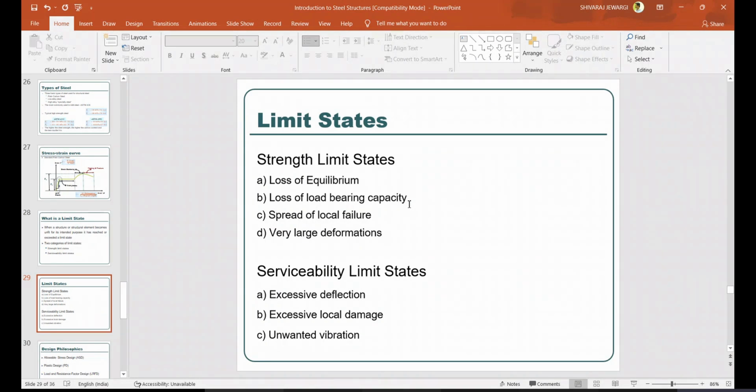For limit state of serviceability, the failures are excessive deflection, excessive local damage, and unwanted vibration. Keeping these failures in consideration, structures are designed for the limit state of strength and the limit state of serviceability. As in RC structures, the structures are designed for the limit state of strength and then checked against serviceability. Similarly here, we follow the same procedure.